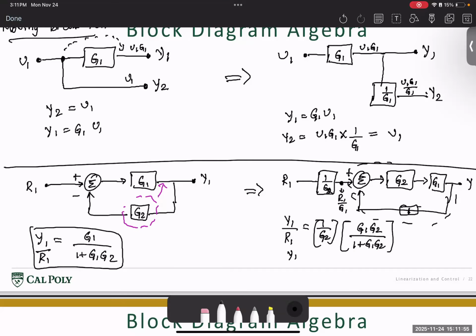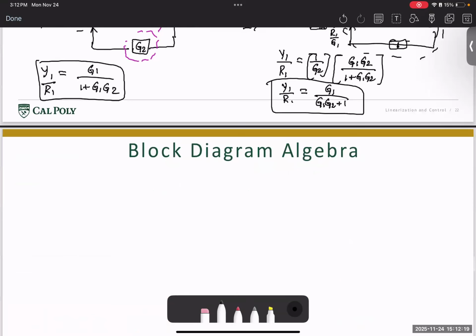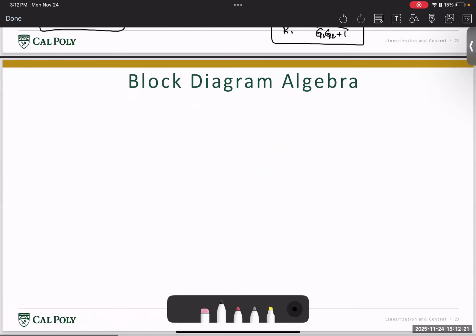Simplifying this we get Y1 by R1 is nothing but G1 divided by (G1 G2 plus 1), which is the same as the one on the left side. Which means if you have a feedback gain that you want to send back to this block, then you have to pre-multiply the entire system by 1 divided by that gain. And now let's look at another system.